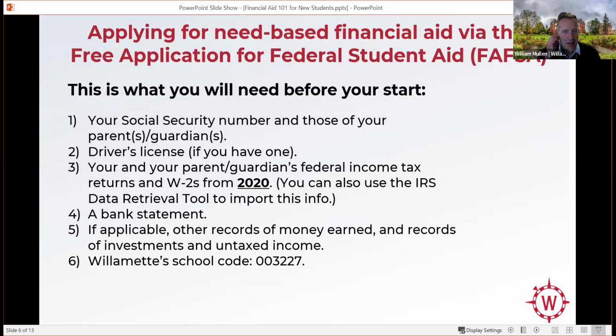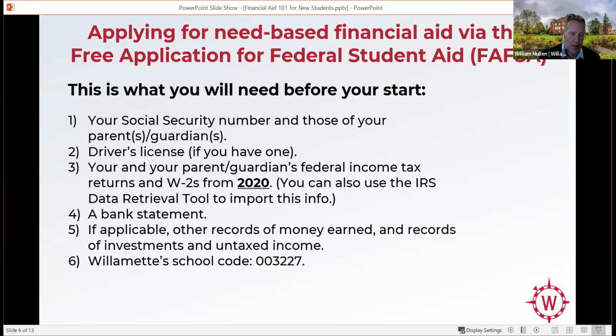Okay, let's talk about applying for the FAFSA, or the Free Application for Federal Student Aid. So there's a number of things that they're going to ask you about in order to start the FAFSA application. You're going to need your social security numbers, the student's social security number, and the parent will need their social security numbers as well.